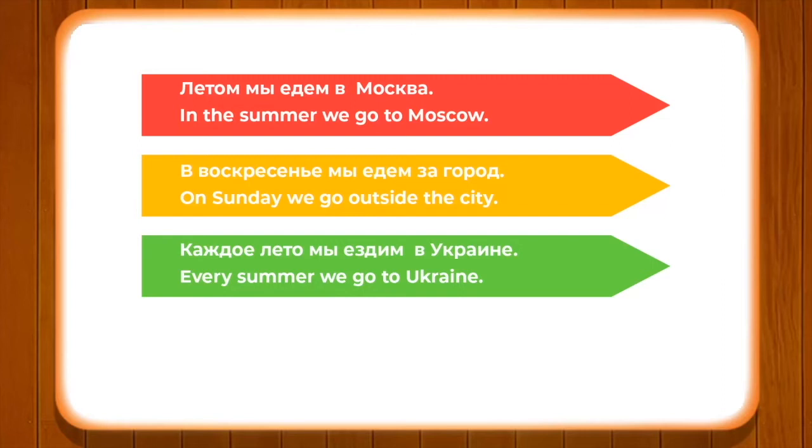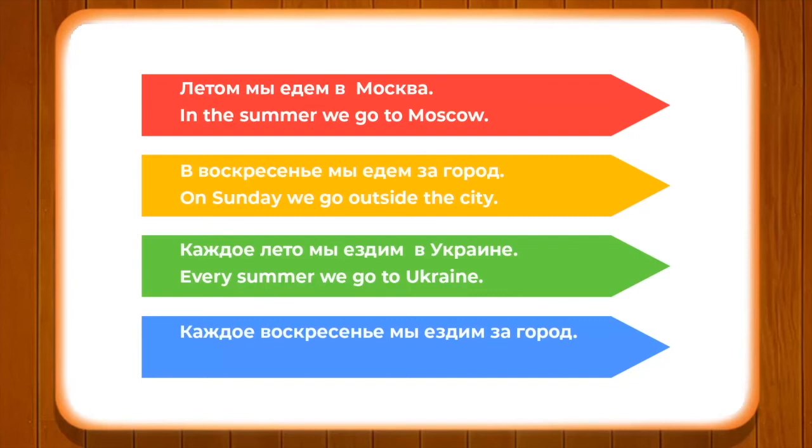And then the last one is Каждое воскресенье мы едем за город. So every Sunday we go outside the city. These kinds of constructions, depending upon expressions like каждое, you can use in your own sentences, while keeping in mind the importance of group 1 or group 2 of verbs of motion.